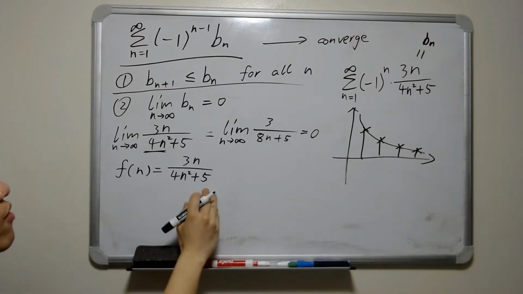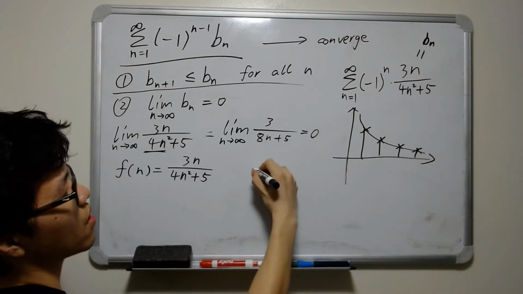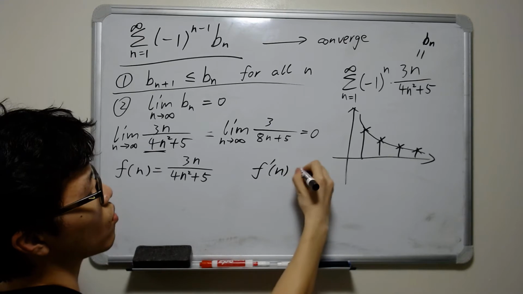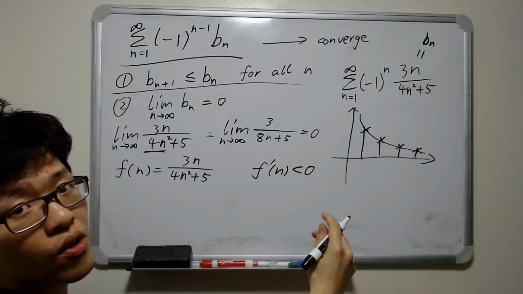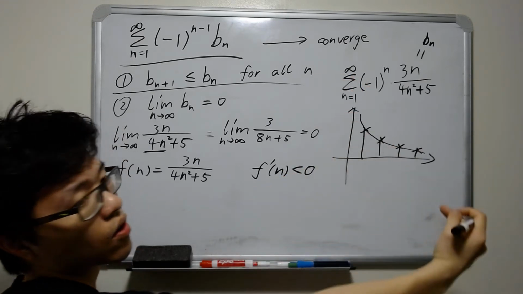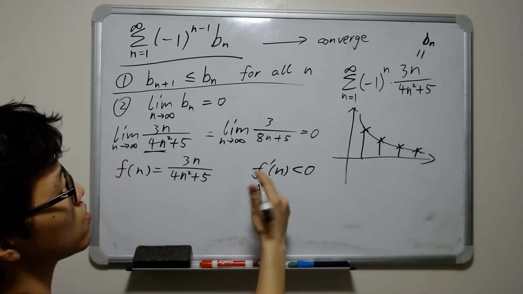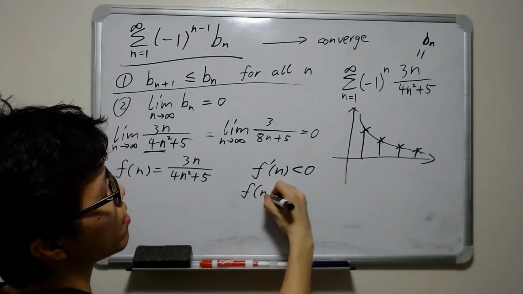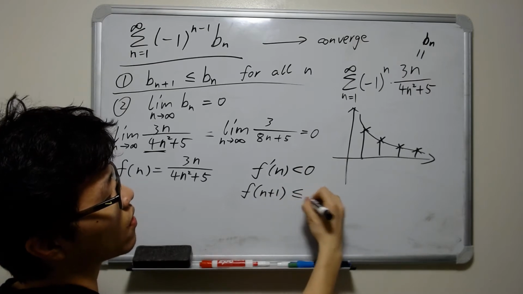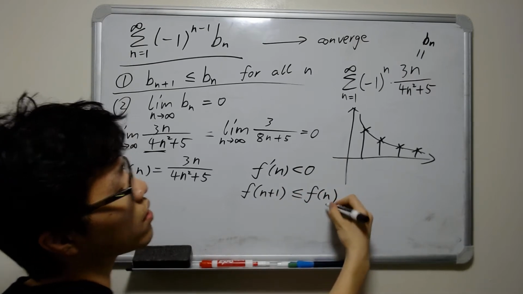If f'(n) is always less than 0, it means it's decreasing for positive n, which means f(n+1) is always less than or equal to f(n).